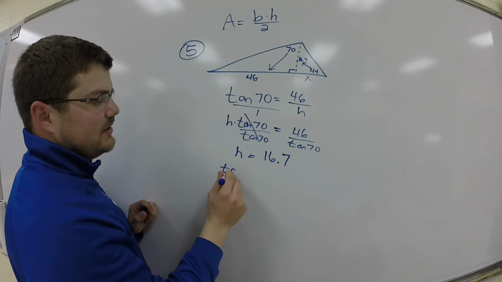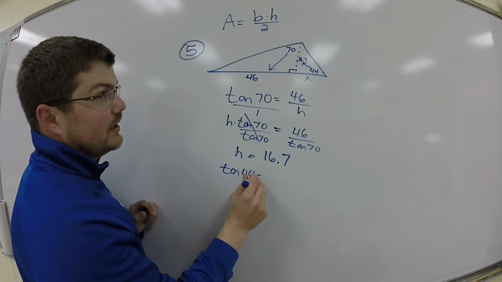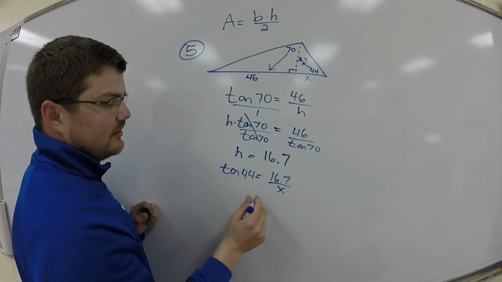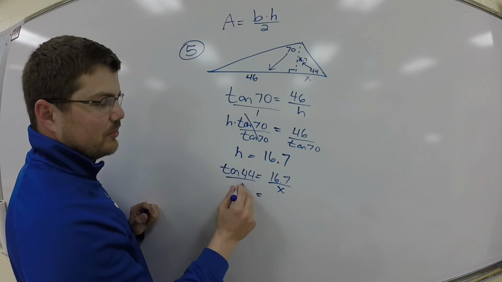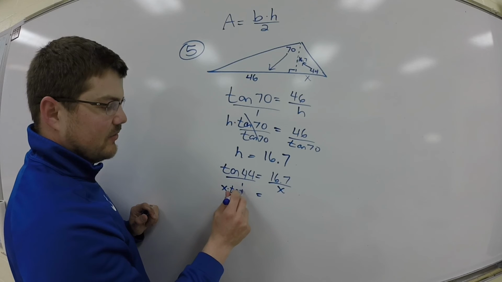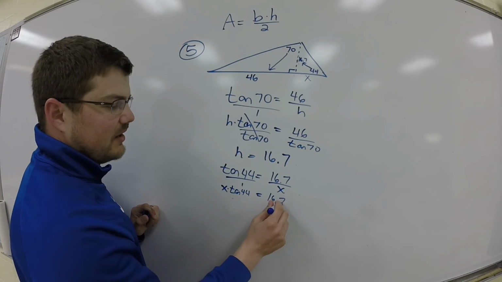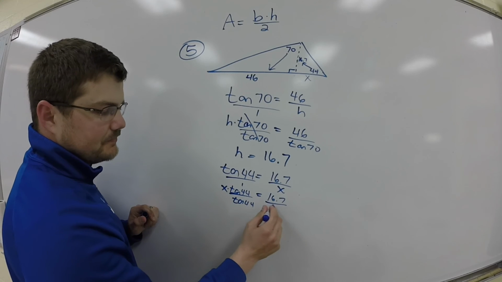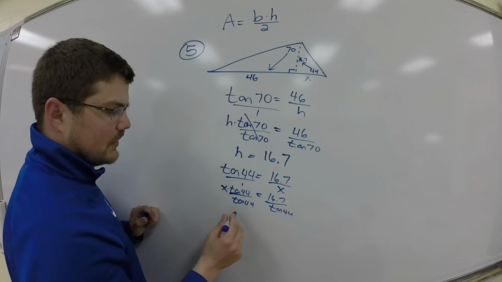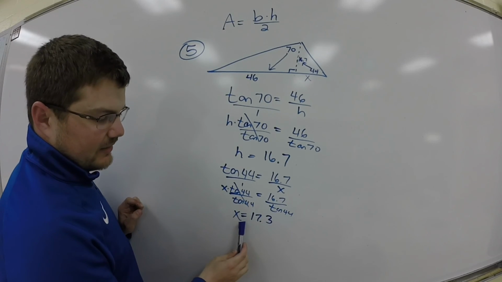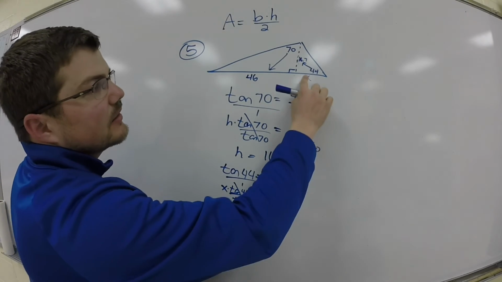So I'll do tan 44 equals my opposite side, 16.7, divided by adjacent. And we cross multiply these, we get x times tan 44 equals 16.7. Divide both sides by tan 44. And let's see what we get. Okay, plugging that in my calculator, I get 17.3. So that goes here.